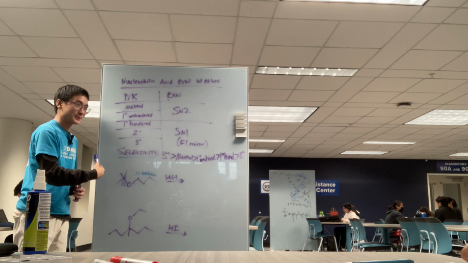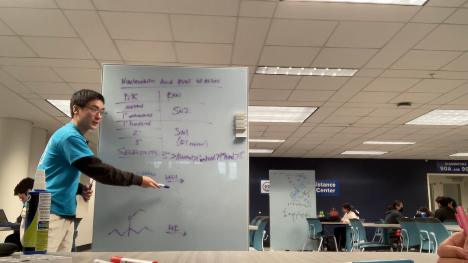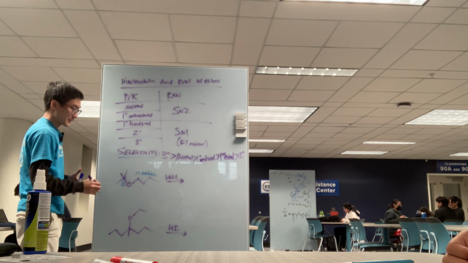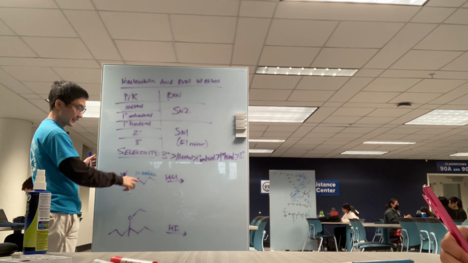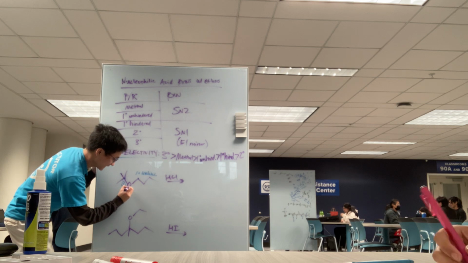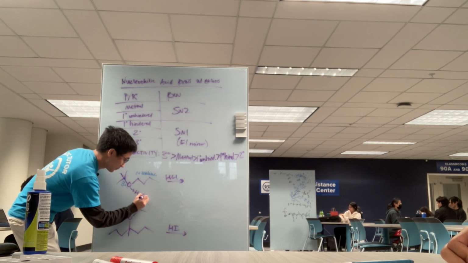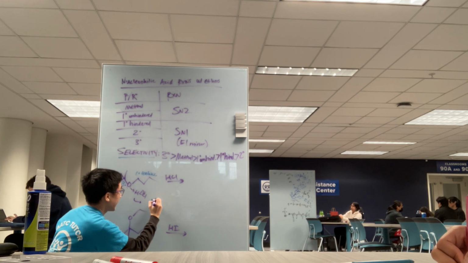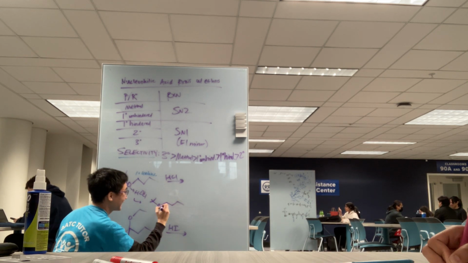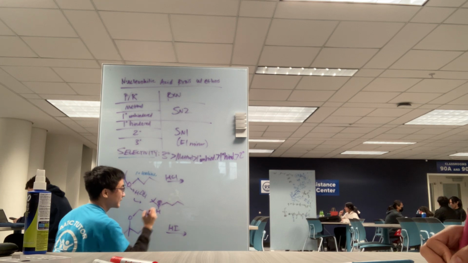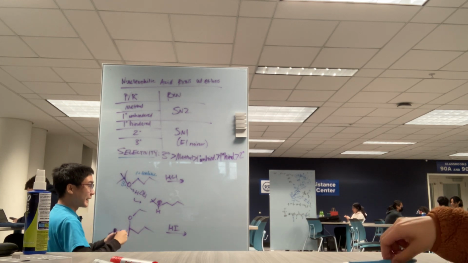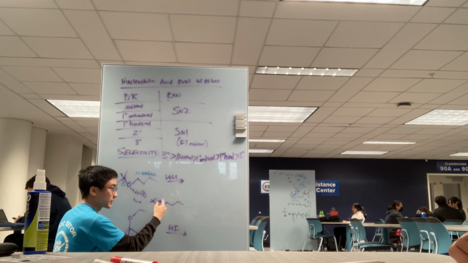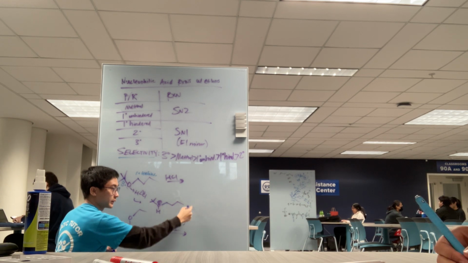Now, let me ask you guys this. What do you think the mechanism is going to be like if we have this ether and strong acid HCl? What will this strong acid protonate here? Yeah, the oxygen is going to get protonated by the HCl, giving that oxygen a hydrogen. And what charge does it have as it gains that hydrogen? Positive charge. Now this is the good leaving group. This is why we had to choose one carbon over the other, because this could be our good leaving group here, or this could be our good leaving group here.